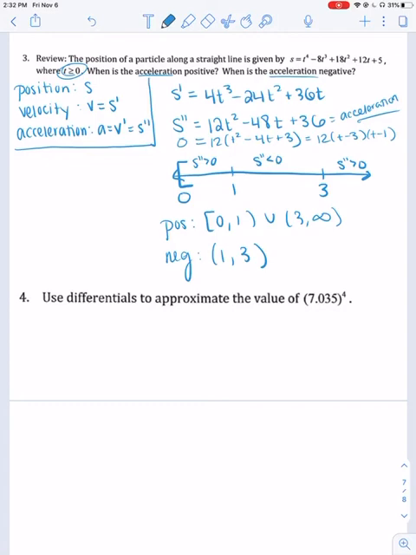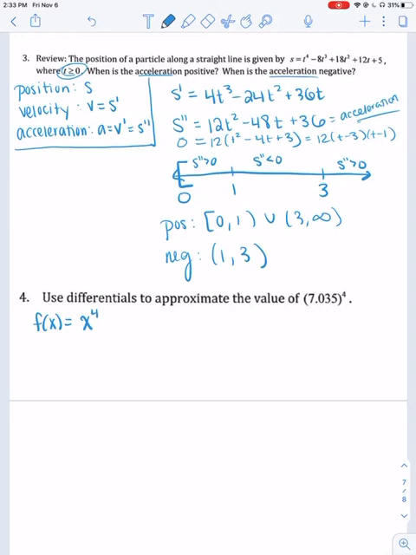And then the last one: use differentials to approximate the value of this. When you're given something like this, what you want to first do is identify what the function is. Here the function is f of x equals something to the fourth power, so x to the fourth power. Then we need to identify a whole number that would be the easiest to use, which would be 7.